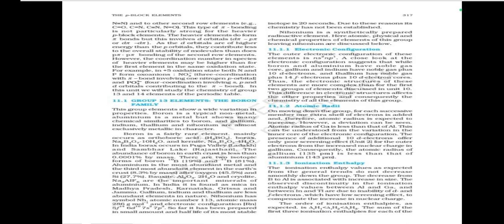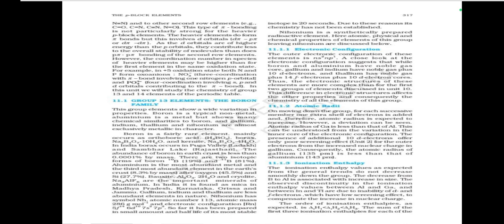So far it has been prepared in small amounts, and the half life of its most stable isotope is 20 seconds. Due to these reasons, its chemistry has not been established. Nihonium is a synthetically prepared element. Here, atomic, physical, and chemical properties of elements of this group, leaving out nihonium, are discussed below.